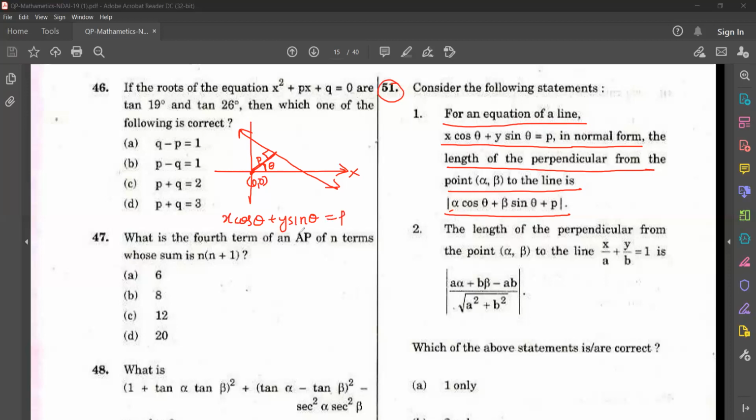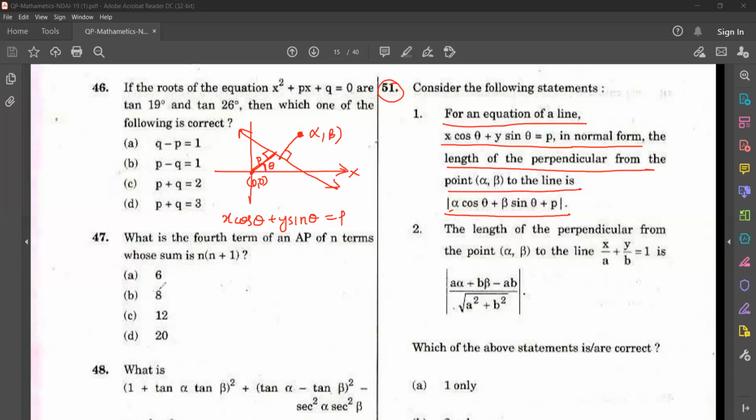Here they are saying, find the length of the perpendicular from the point alpha comma beta to this particular line. So what is the formula for finding the length of the perpendicular from a point to a line?